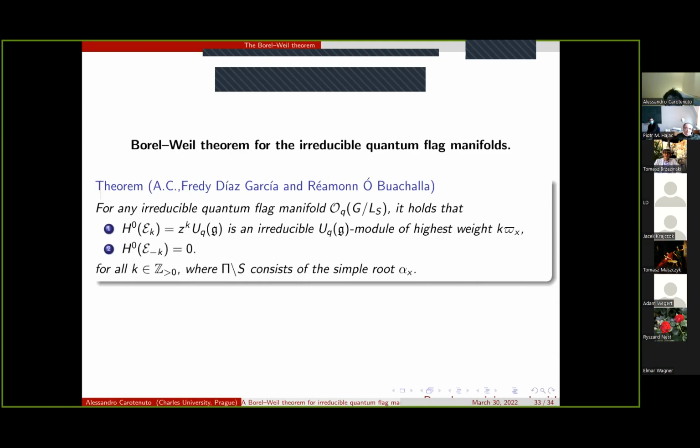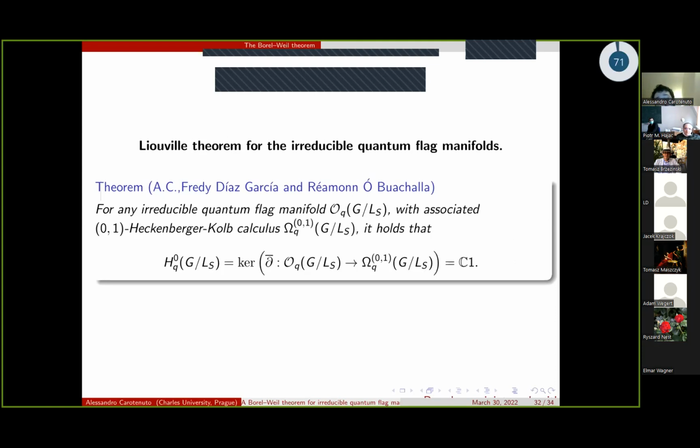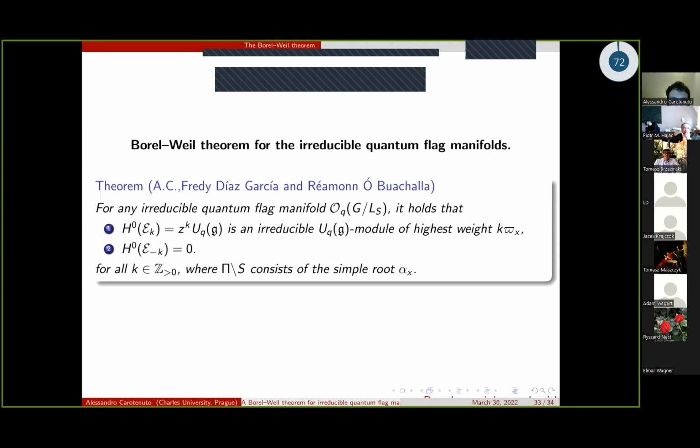Then we use this to prove the statement of the Borel-Weil theorem that now I can show you in all its glory. Now we can understand all the objects in this statement.